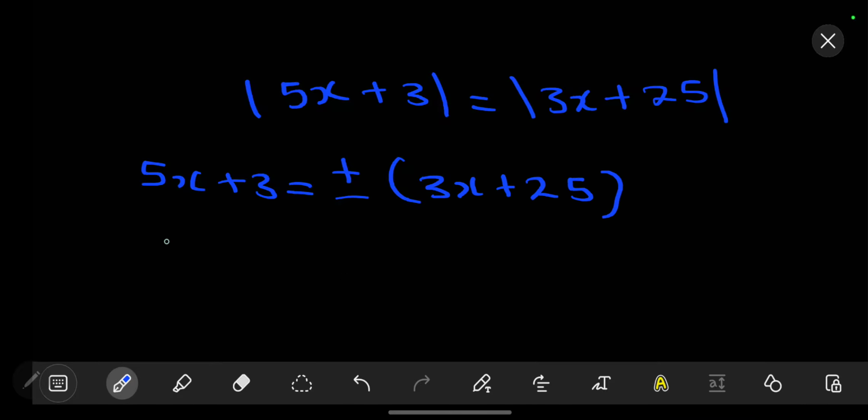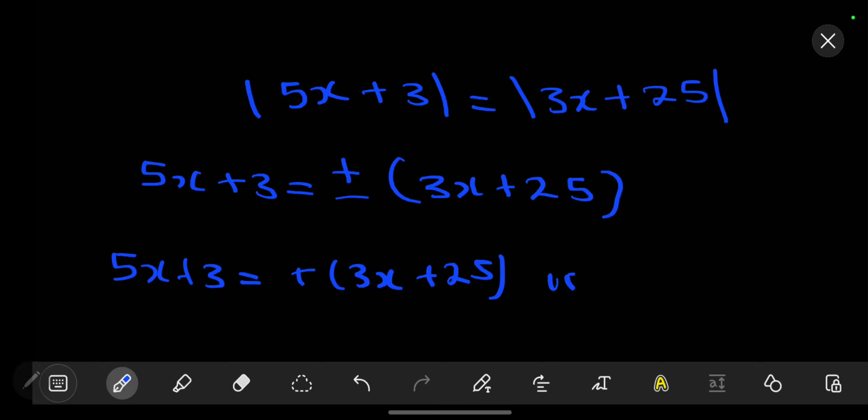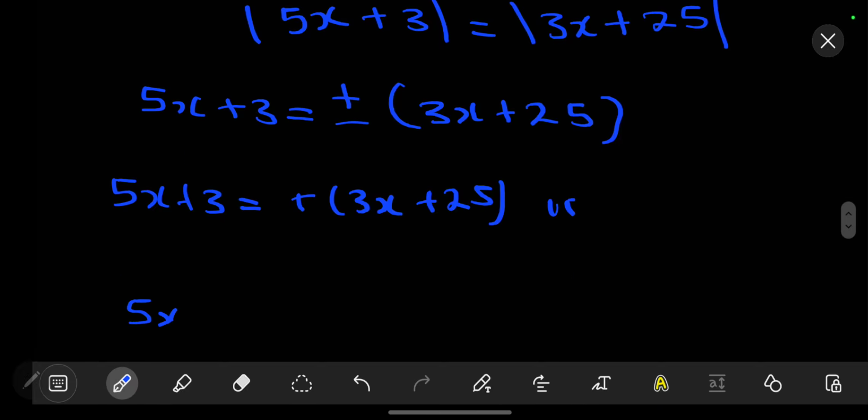So we are going to have either 5x plus 3 equal to the positive part, which is positive 3x plus 25, or 5x plus 3 equal to negative, open brackets, 3x plus 25 like that.